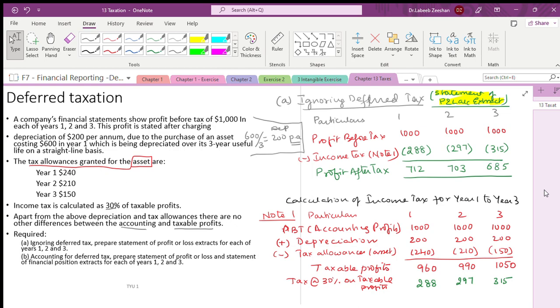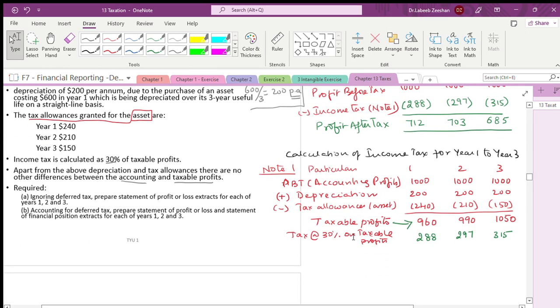Then how did you mention 672? If we deduct 288 from 960, no, no. This is taxable profits, okay? I got it. See, this is taxable profits.